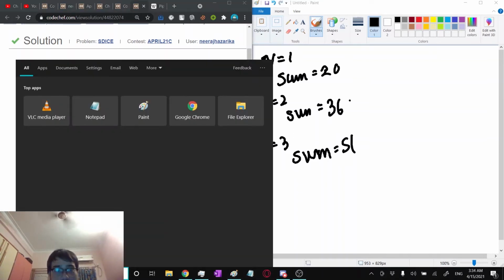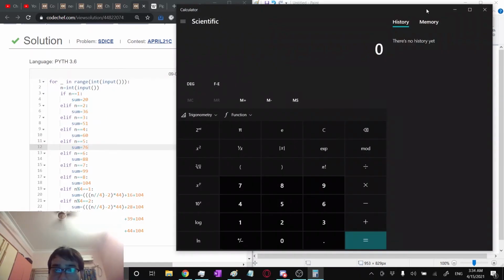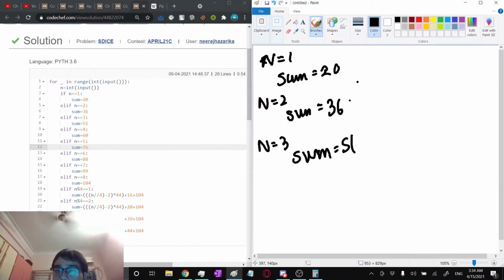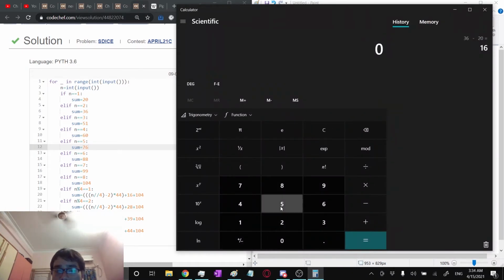Now let's see if there is an arithmetic progression in the first 8 test cases or not. Pull up the calculator. 36 minus 20, 16. That's a 16 over here. Then 51 minus 36 equal to 15.